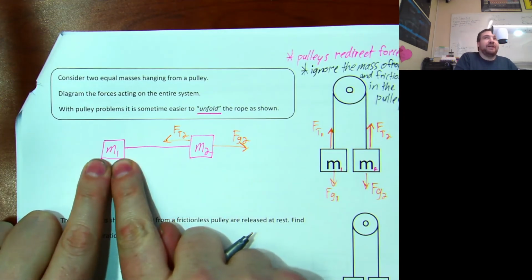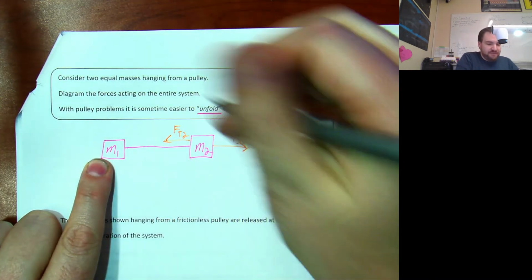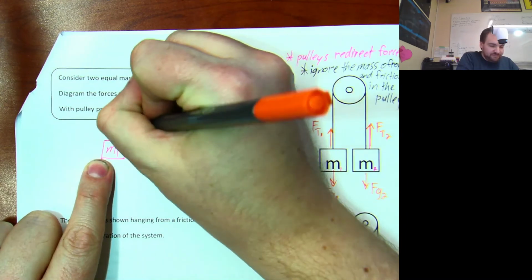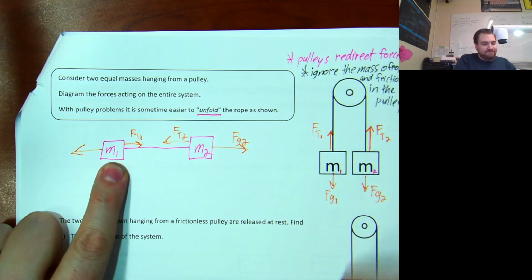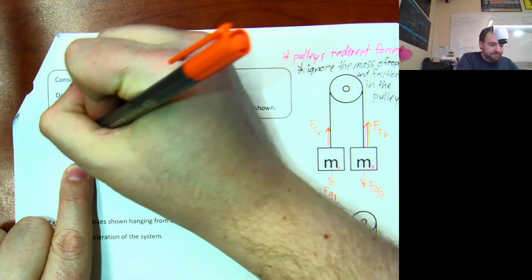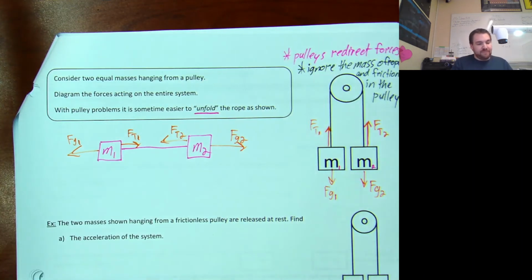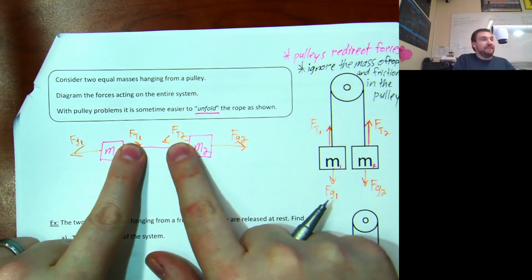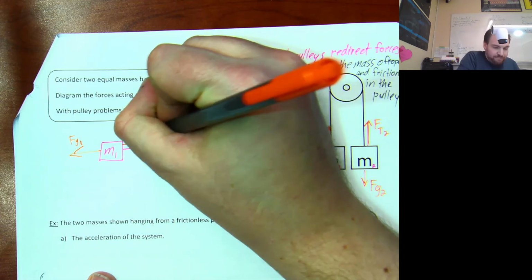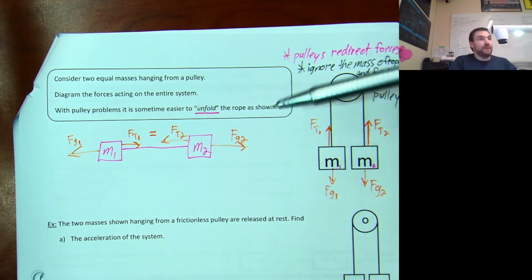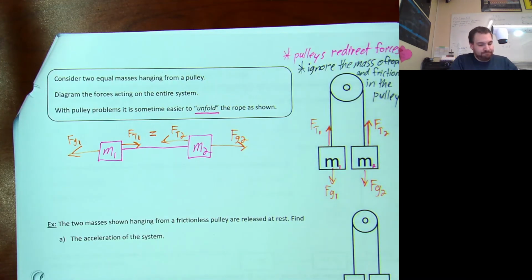What's pointing to the right on this block? And to the left on this block? Fg1. What do we know about Ft1 and Ft2? These two have to be equal. And now from here we can go through setting this whole thing up.